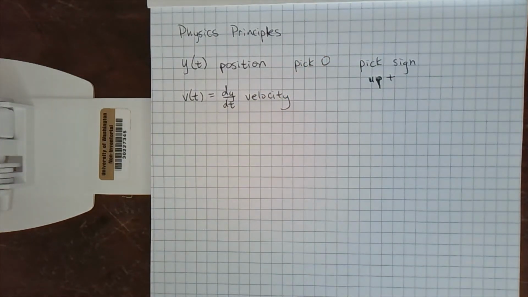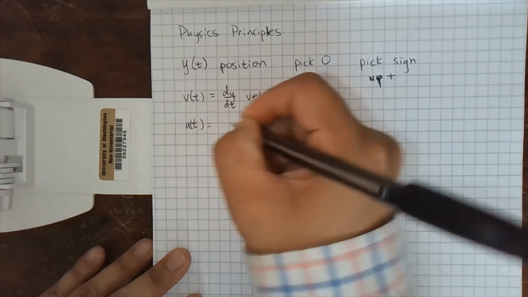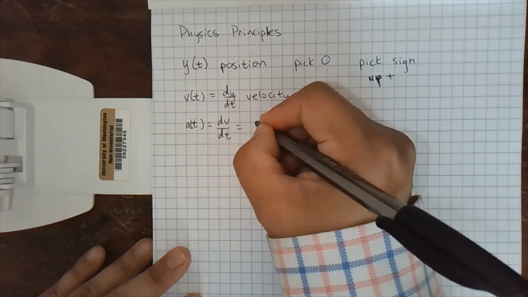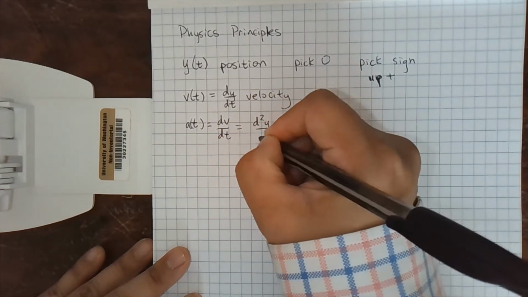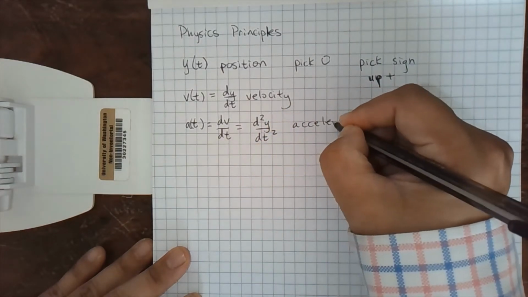I think of velocity, if we're in one dimension, as speed with direction, speed with a sign. And then a of t is change in velocity, which is the second derivative of position with respect to time, and that is acceleration.